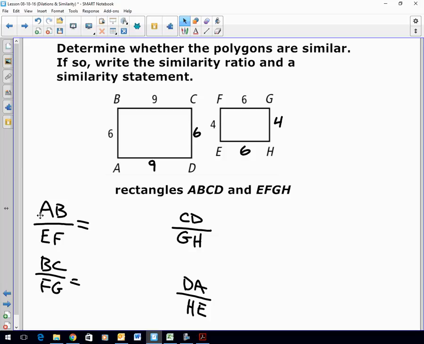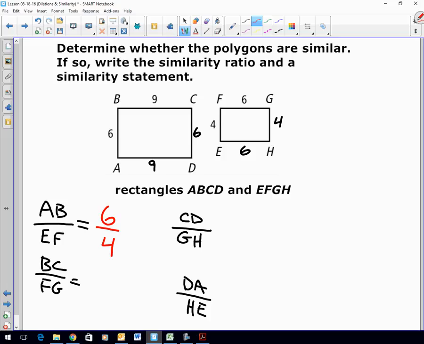Watch this. Daniel, what's the length of AB? 6. Thank you. Traylon, what's the length of EF? 4. Okay. Daniel, what's the length of C to D? Traylon, what's the length of G to H? 4.